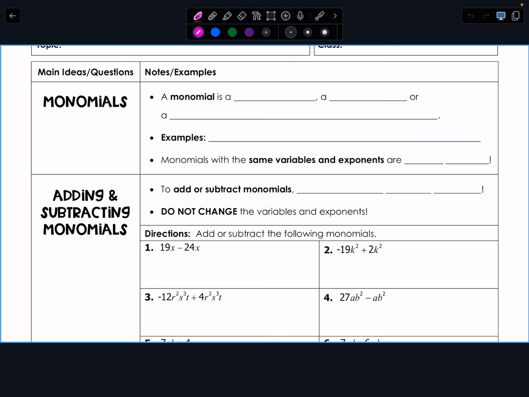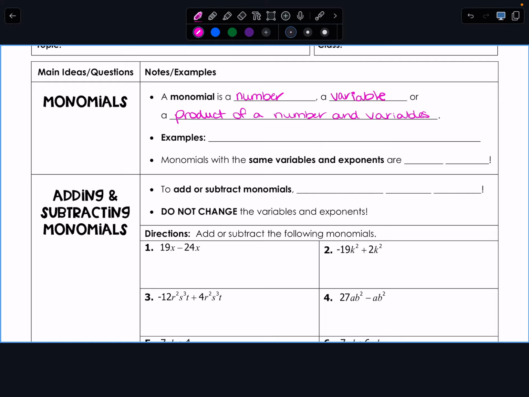So when you look at it, I'm going to define what a monomial is: a number, a variable, or a product of a number and variables.